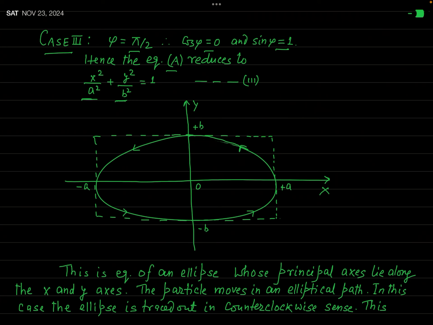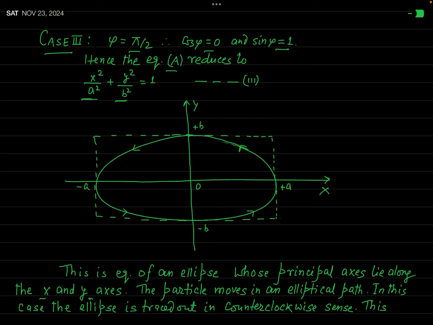You can see in this figure, inside this rectangle, I have inscribed an ellipse. So when phi is pi by 2, the particle will describe an ellipse whose principal axes lie along the x-axis and y-axis, and the particle will move along this elliptical path.